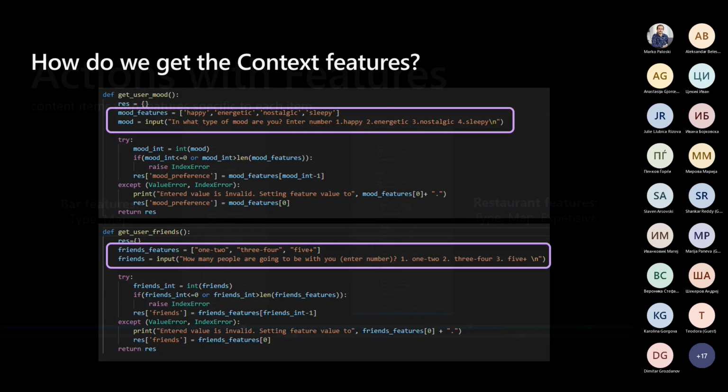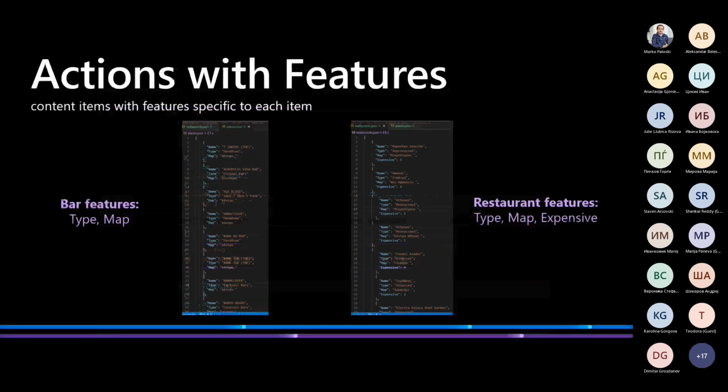And then let's go to the second set of data that we want to use and that Personalizer needs, and that is our items, our actions with their own features. So these are the content items, where we have features for each specific item. Again, it is important to have more generalized features for our items for better results.